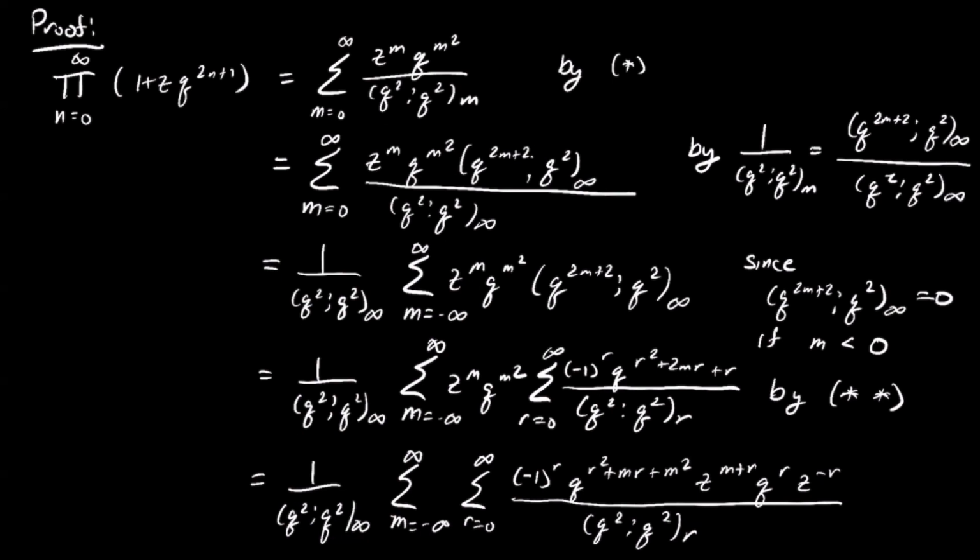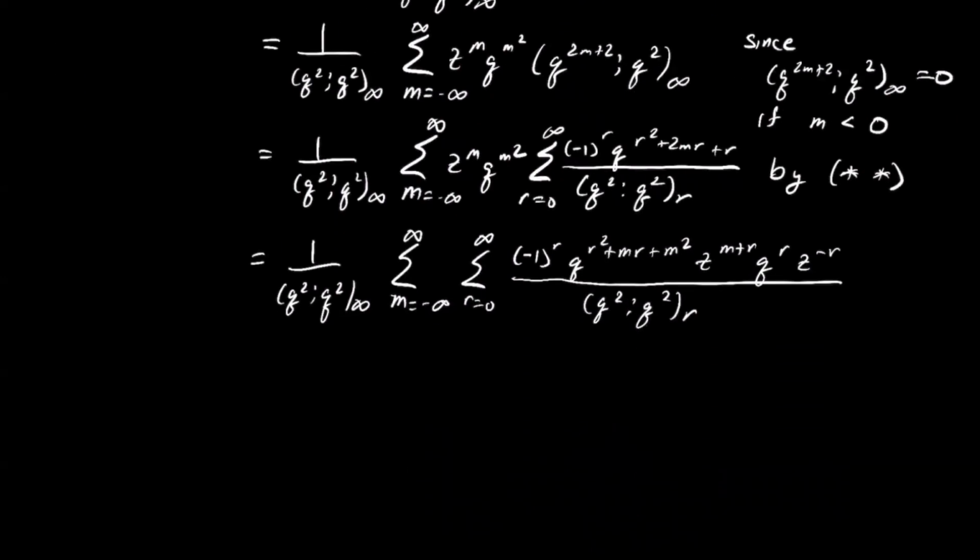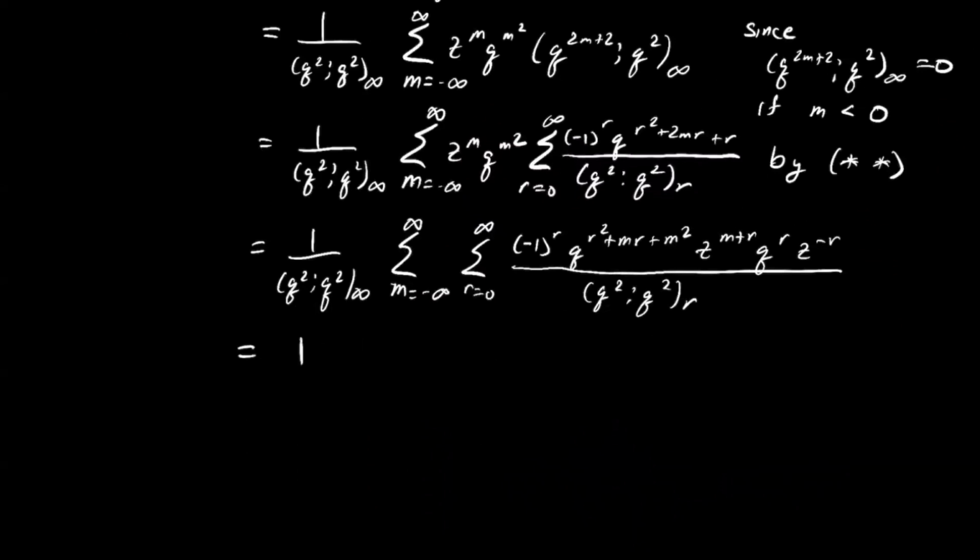The thing to notice is that z to the m plus r times z to the minus r gives us our z to the m, right? So that's kind of what's going on here. I'm just doing a kind of clever substitution. And what I'm going to do is a little bit more algebra and separate some of these terms out. I'll write this as 1 over (q squared) sub infinity.